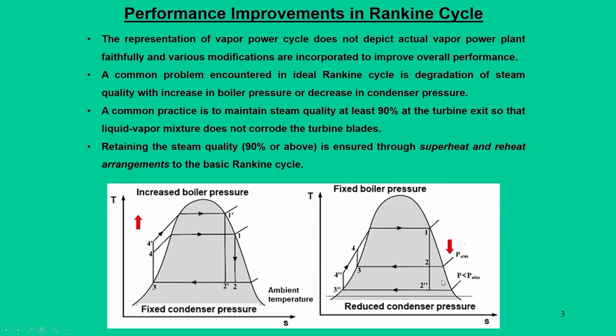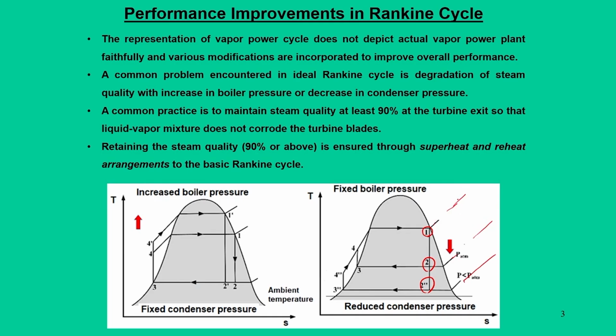To overcome this problem, we thought of retaining the steam quality at least 90% at the turbine exit. If you want to retain the steam quality at the turbine exit, that is state 2 or 2 double dash, then we must push the inlet state to somewhere in this domain.